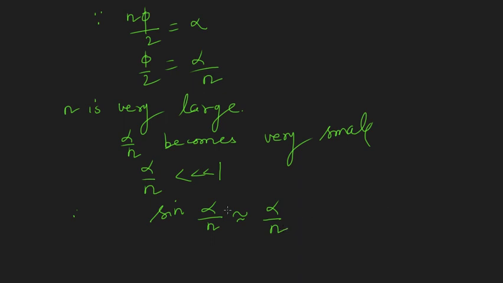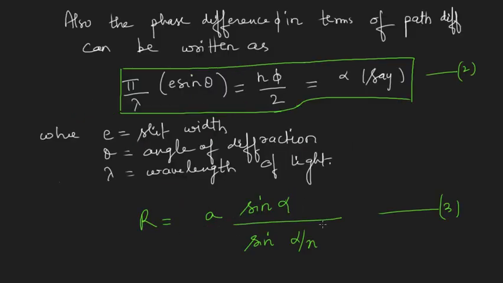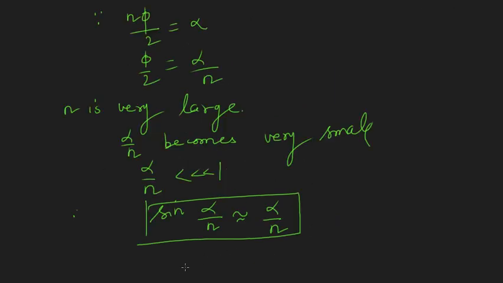So using this approximation in equation 3, in the denominator I will get R is equal to A sine alpha upon alpha by n. This I can denote as equation number 4. Now I can write R is equal to nA sine alpha by alpha. A is the amplitude of each wave, and there are n number of waves.